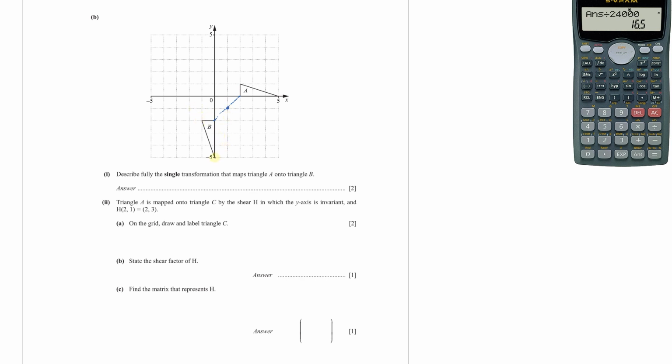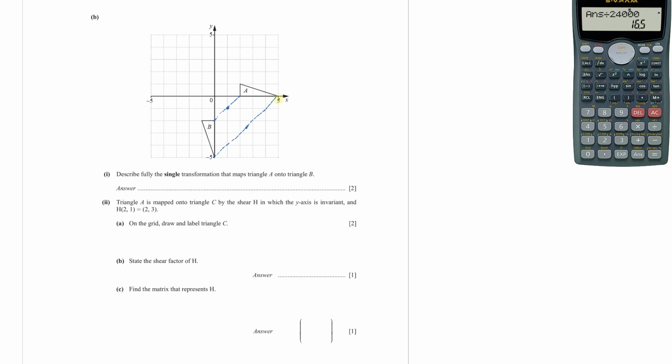So let's join these. This point is mapped onto this point. If I join them with a straight line like this and see the midpoint, it is this. You can also find the midpoint using the formula.